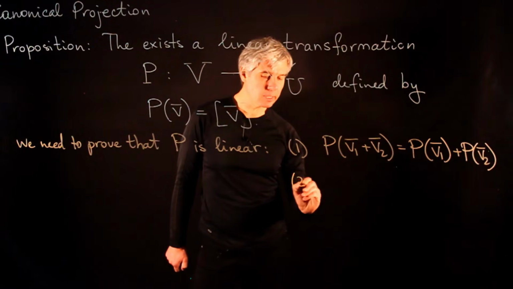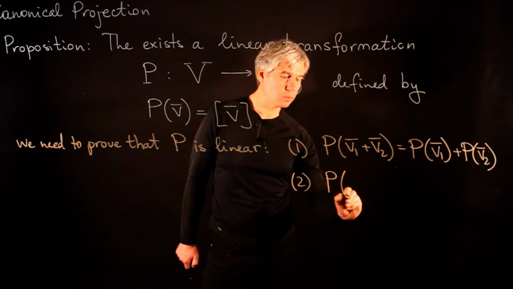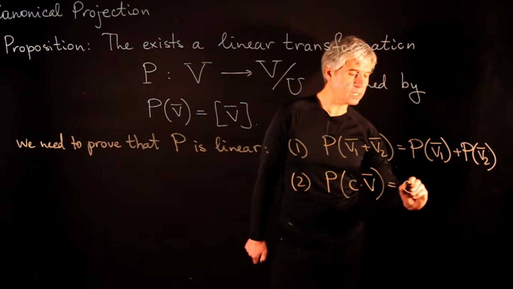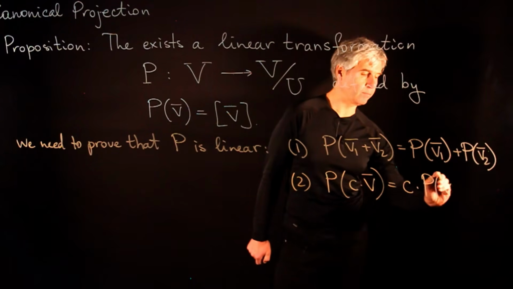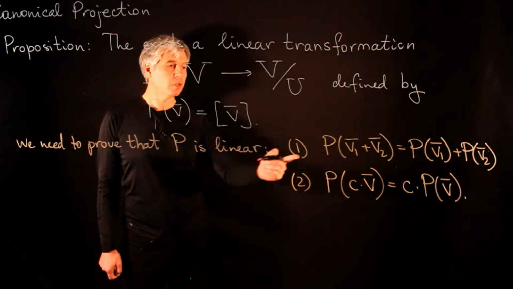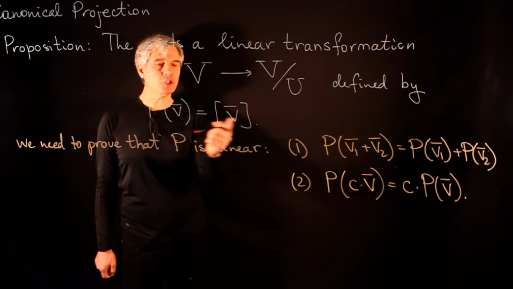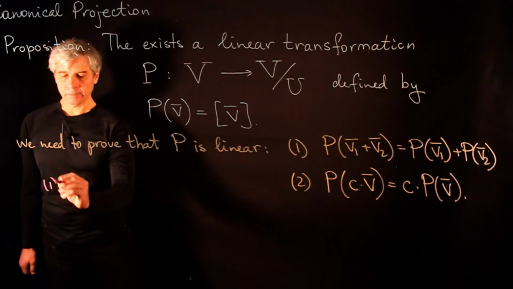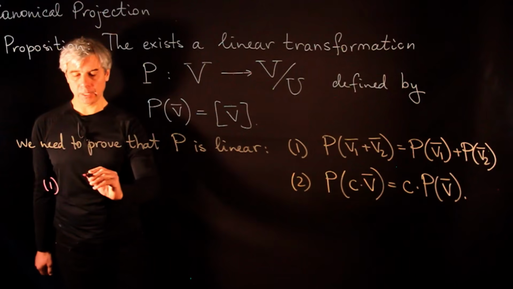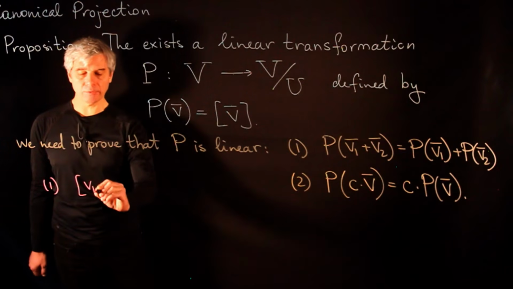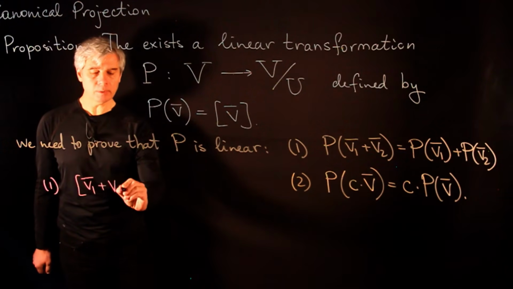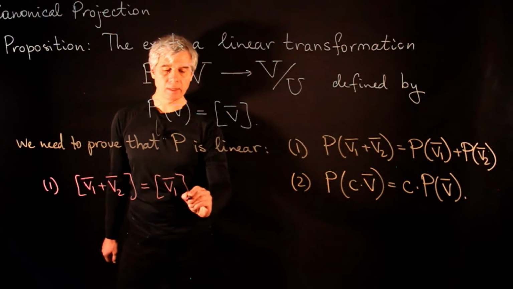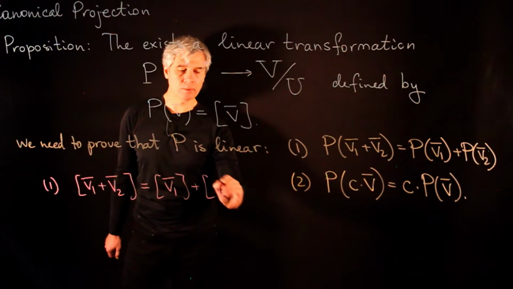And the second property, that P applied to constant times V is equal to constant times P applied to V. Now, let us apply the definition of our linear transformation P. So the first becomes equivalent to the following: the equivalence class of V1 plus V2 is equal to the equivalence class of V1 plus the equivalence class of V2.